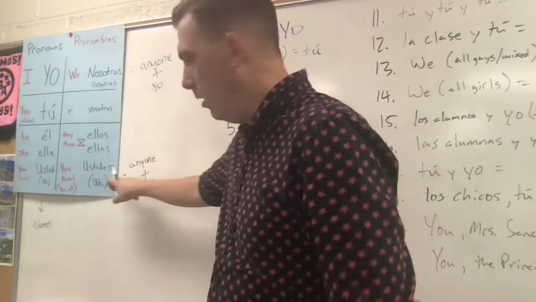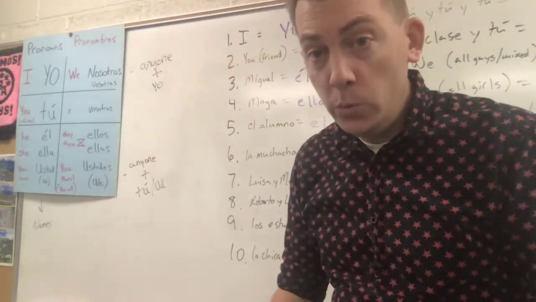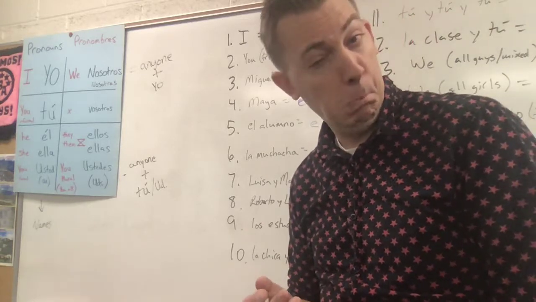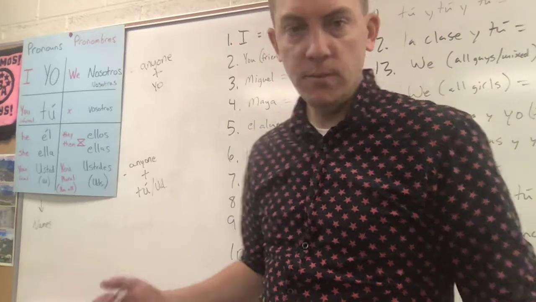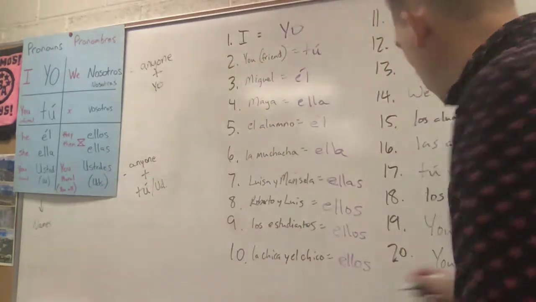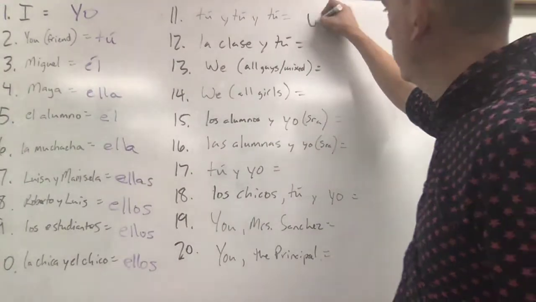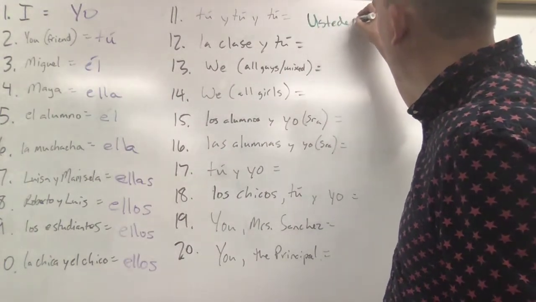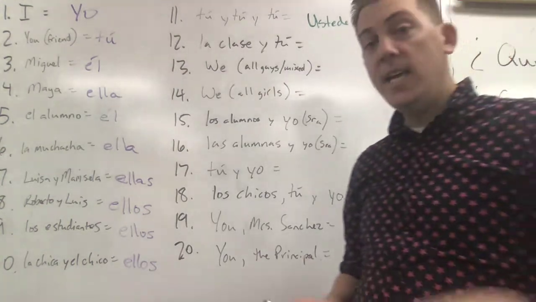And what's the rule here? Anyone plus tú or usted. So we have tú y tú y tú. There's three of them. So it should be ustedes. Ustedes with tú y tú y tú. There we go. Awesome. Now how about la clase y tú?